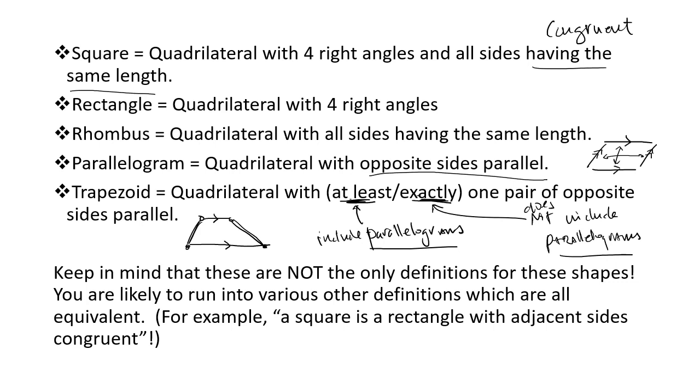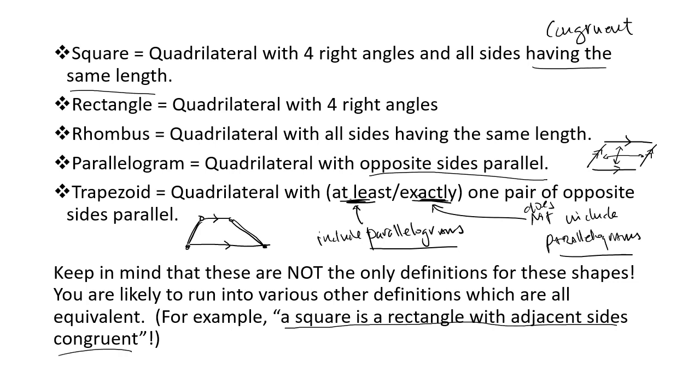One of the things that's kind of tricky about these definitions is that these are not the only definitions, and I've copied the definitions that are in the book. So you may see different forms of these definitions depending on where you look. For example, you may see a definition like we have down here, that a square is a rectangle with adjacent sides congruent. That's a definition for a square.